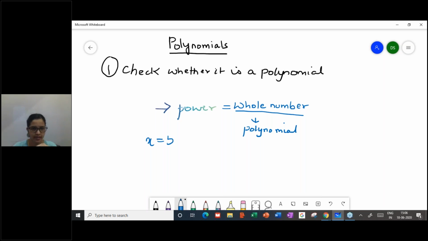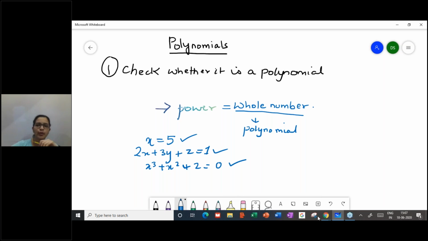Like x equals 5 is a polynomial. 2x plus 3y plus z equals 1 is a polynomial. Then x cube plus x square plus 2 is also a polynomial. So basically the power should be a whole number. That's the main important condition which we check here. Yes, Ria. So keep that in mind. When they ask you to check whether it's a polynomial, you are going to check if it's a whole number.